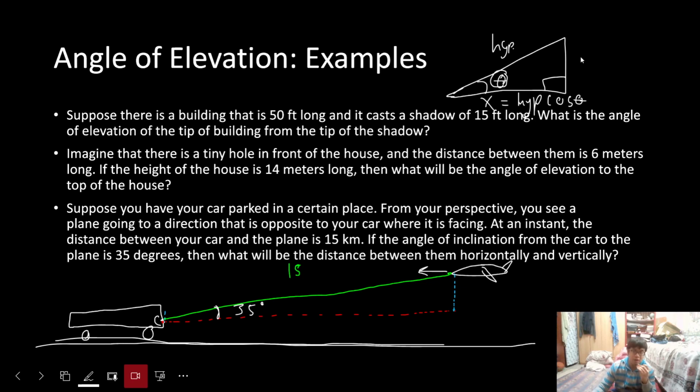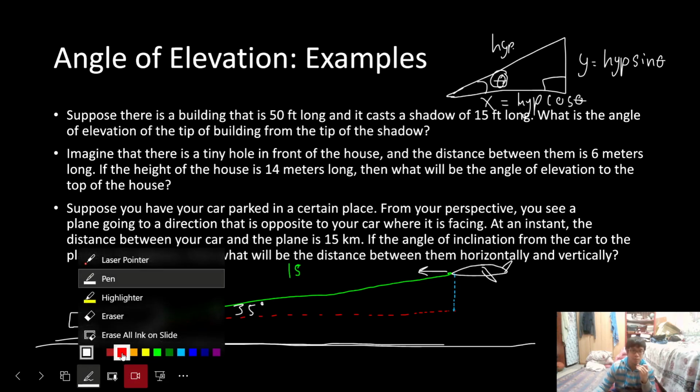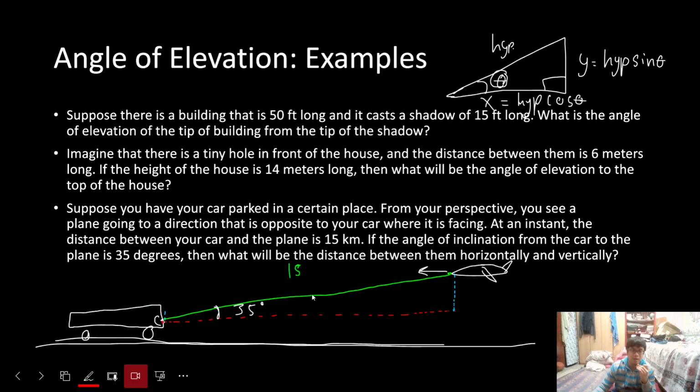And if you wish to find the y, which is the vertical component, you're going to multiply your hypotenuse by sine theta. So for the horizontal component, x is equal to 15 times cosine of 35 degrees.